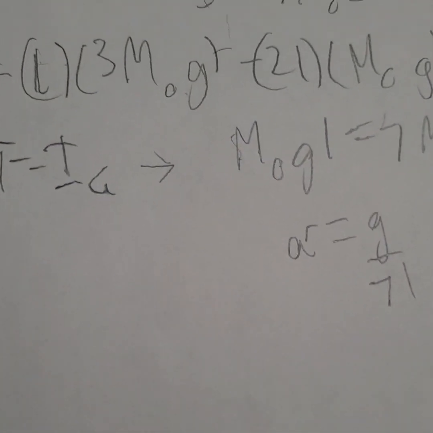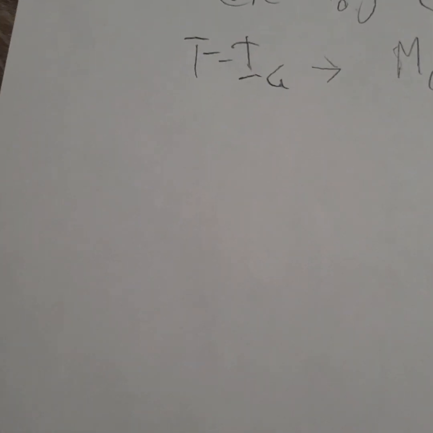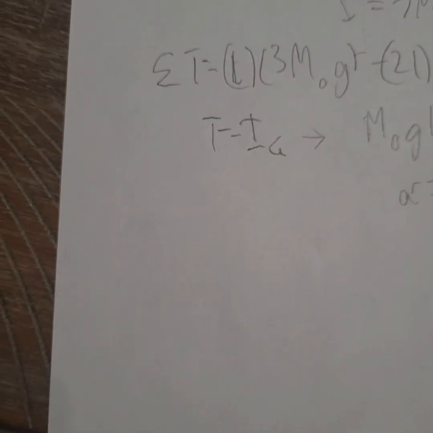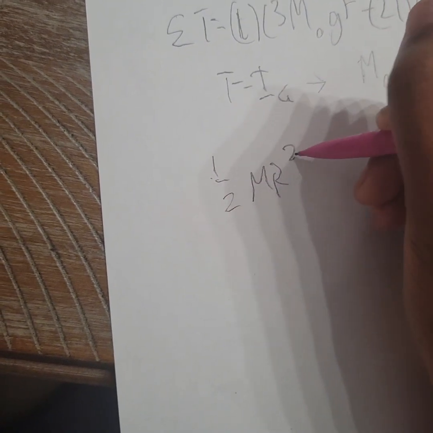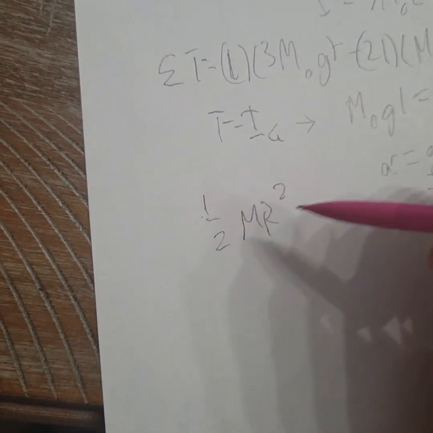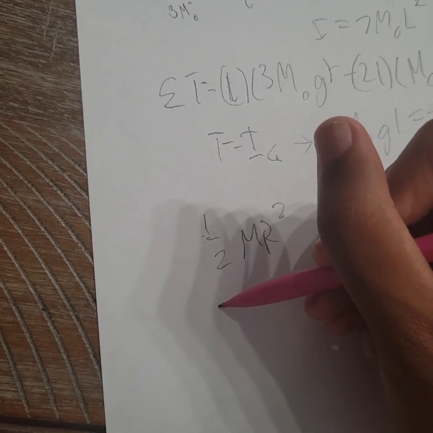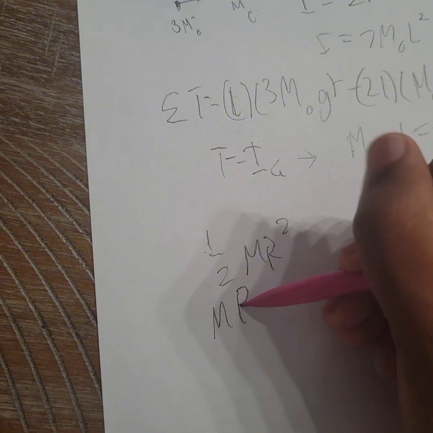The disc is solid, but the ring has a higher moment of inertia. The disc's moment of inertia is 1/2 mr squared, and the ring's moment of inertia is mr squared.